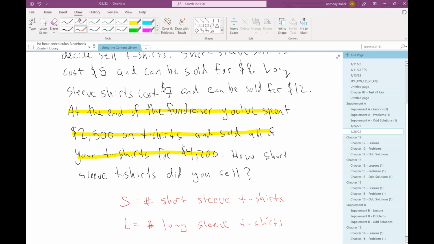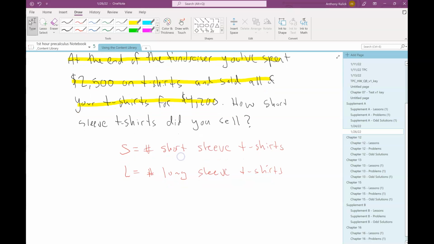The money I spent and the money that I brought in. Does that make sense to you guys? Again, usually when you have a total number like that, it's an indicator that one of the equations needs to represent something like that. Okay.